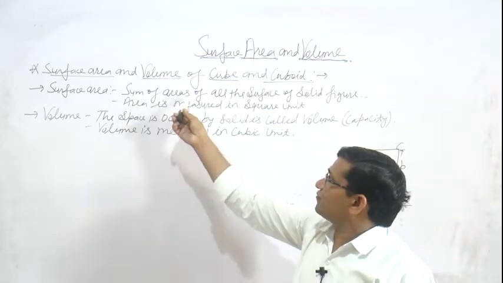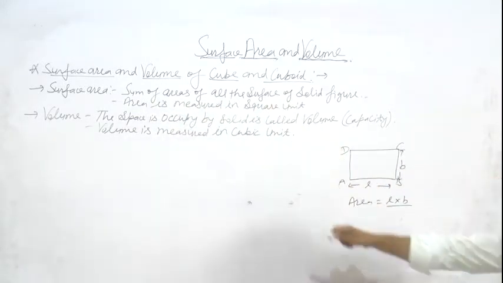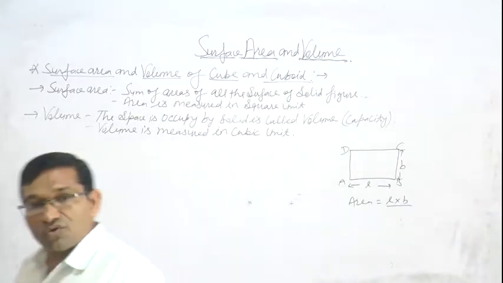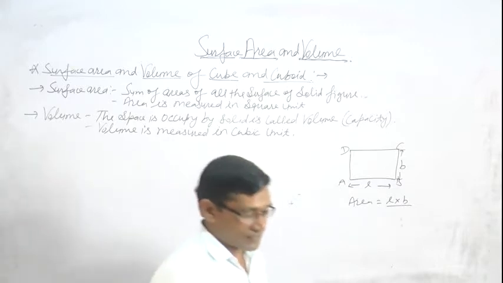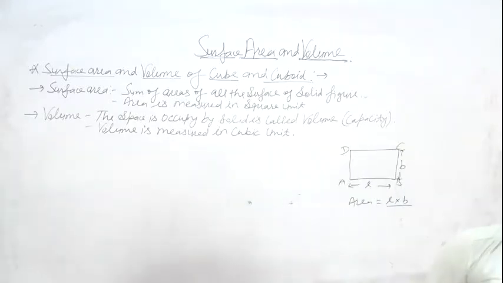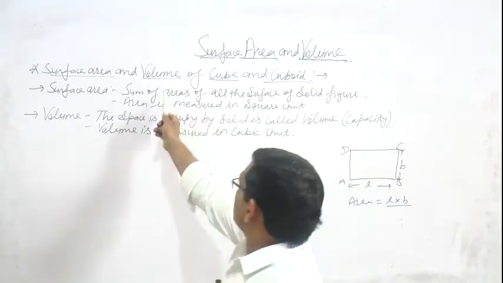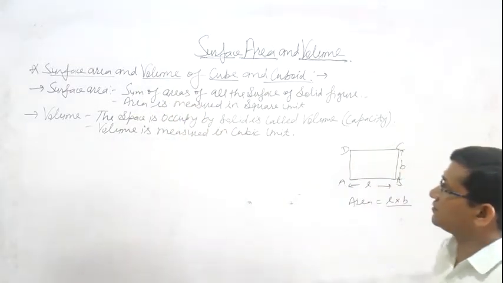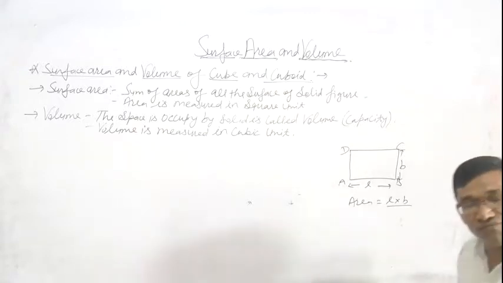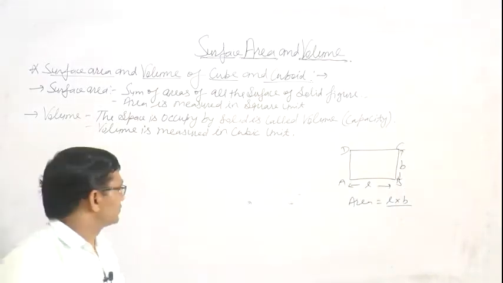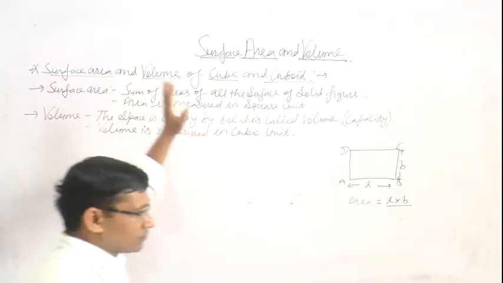So sum of areas of all the surfaces of solid figures. Because a cuboid has 6 faces. How many faces? 6 faces. So first we find all the faces' areas, then we find the sum of them, then we get surface area.